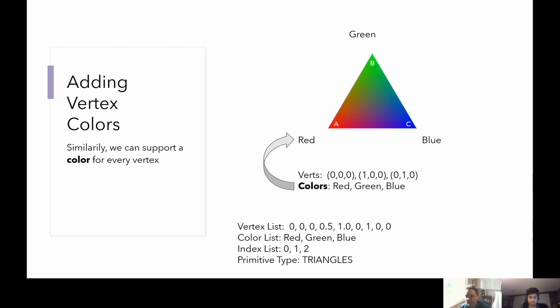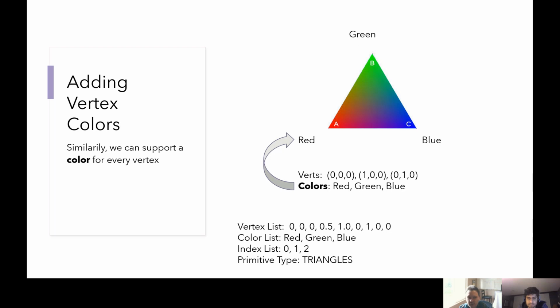If you imagine there was a purple in another triangle, it would go from red to purple, and then from purple up to blue if there's a triangle at the bottom, below the one we see there. So in this case, we'd have some sort of color list, red, green, blue, and again the index is just the 3 corners, 0, 1, 2. Obviously, we don't store red, green, blue.